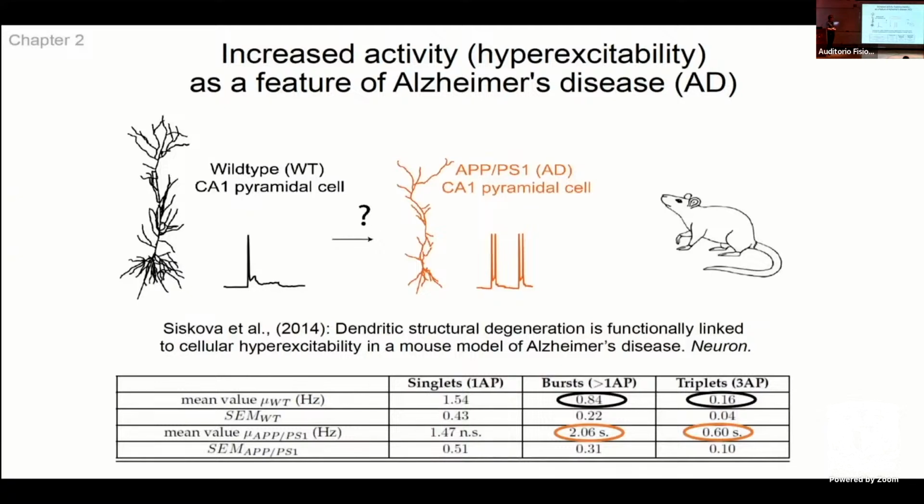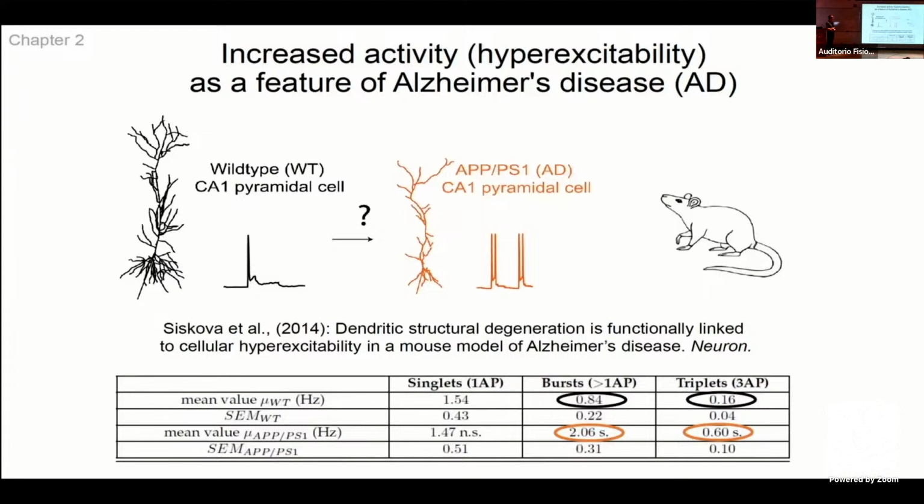What studies have shown is that there is an increase, not only in the firing, but also in the firing mode. I show here a table, a bit blurry again, but the increase is not in the single spikes. Comparing wild type and Alzheimer's cells, the increase is in the bursts, which are mainly doublets or triplets.